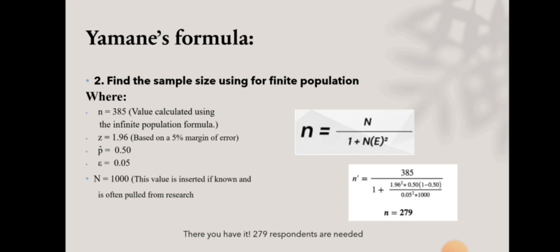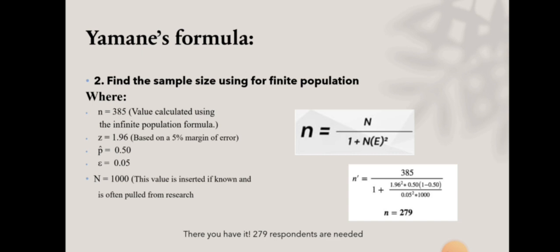Assume the population is 1,000. This is an example; this value is inserted if the population is known. Plug these values into Yamane's formula, small n equals capital N over 1 plus capital N times E square.